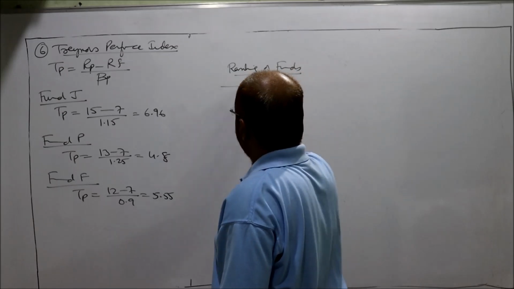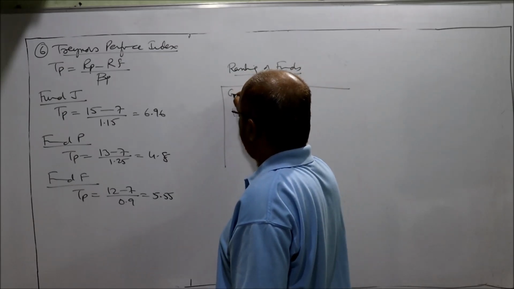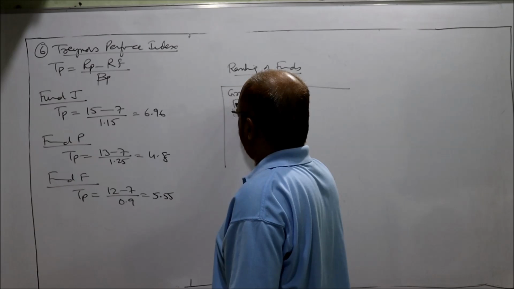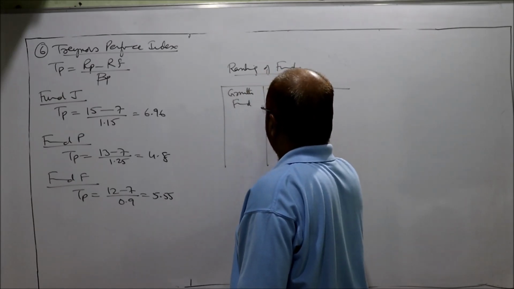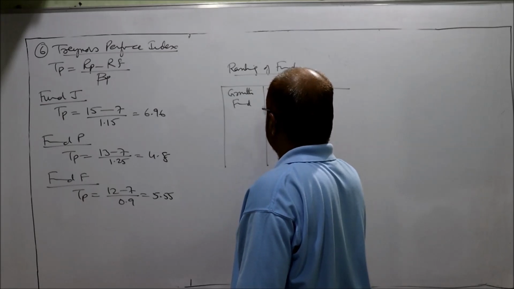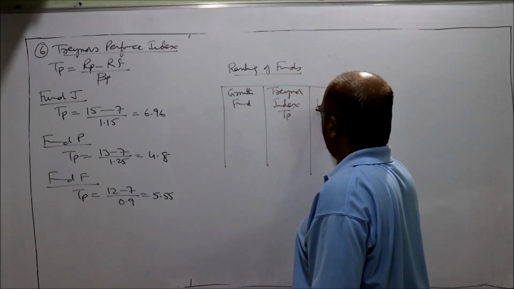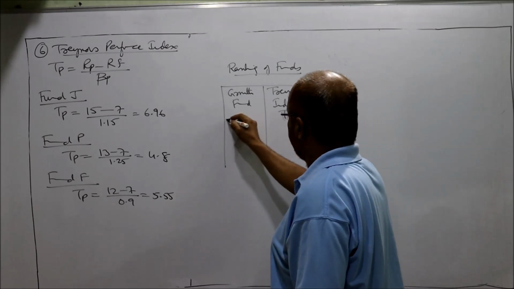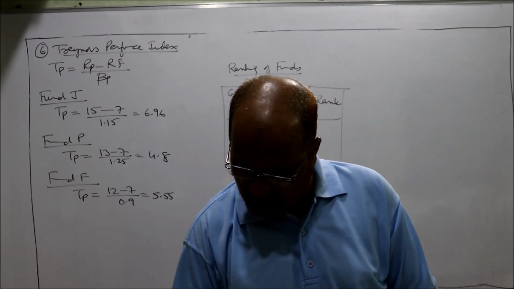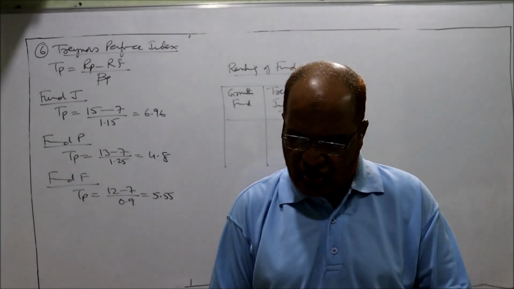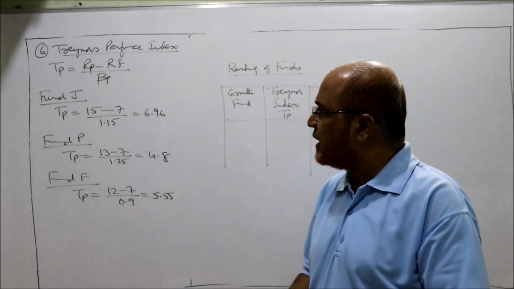Ranking of funds. Growth fund, Treynor's index TP, and rank. Exactly the same way as we did in the previous problem; only instead of Sharpe we are applying Treynor.